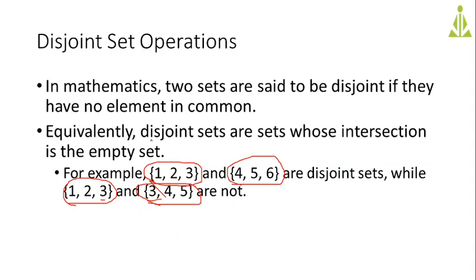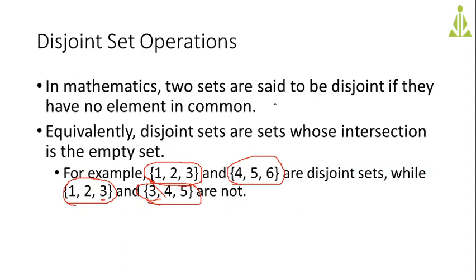So equivalently, disjoint sets are sets whose intersection is the empty set. First, we can say the two sets should not have the same element. Set 1 and set 2 should not have the same element.